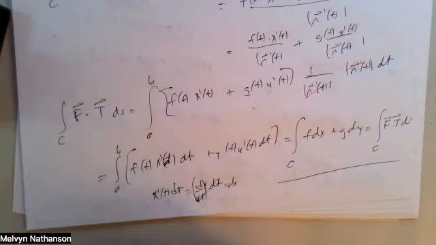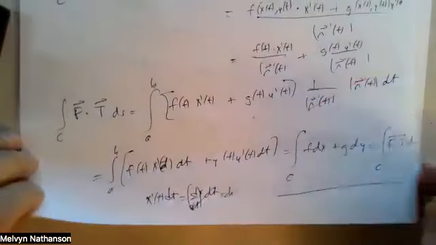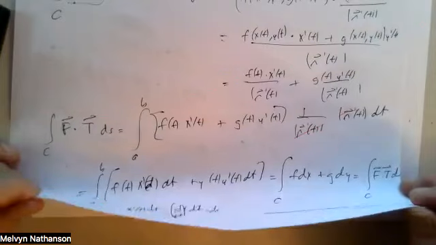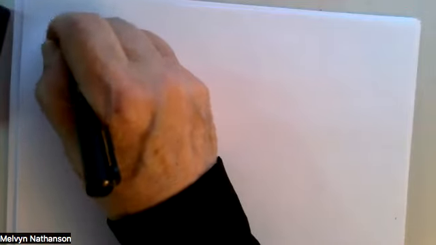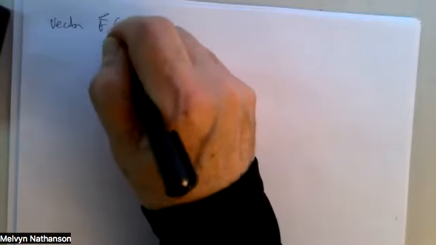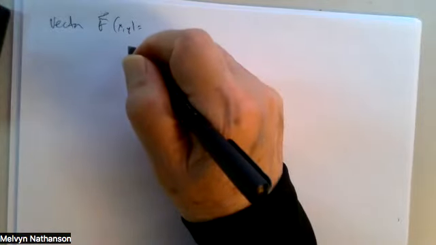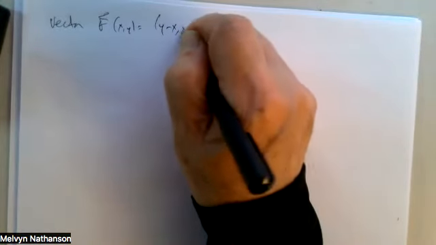Now, there's an overwhelming amount of notation, but let me do some examples, and I hope that will teach you how to solve these problems and make things easier. Doesn't make it easy, but I think easier. So suppose we have the vector field f of x, y equal y minus x comma x.